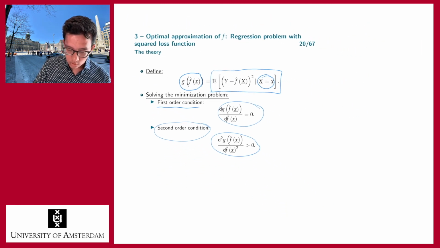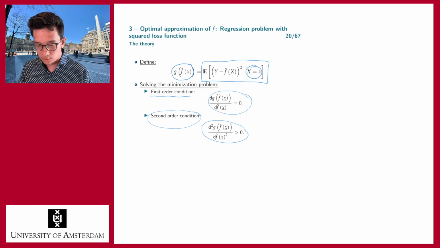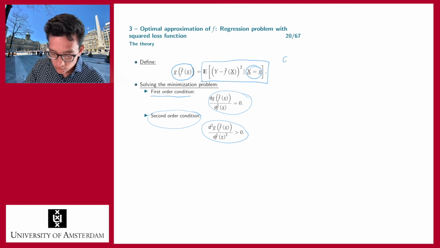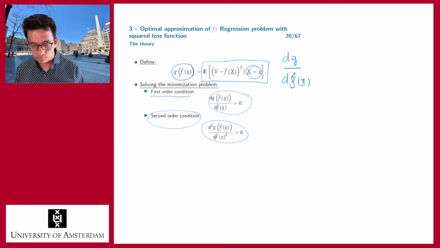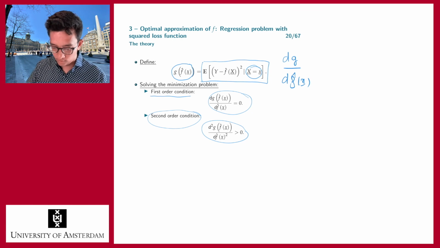So let me solve the first order condition. So first of all, we can look at the derivative dg over d f hat of x. So we are looking at the derivative of g in f hat.